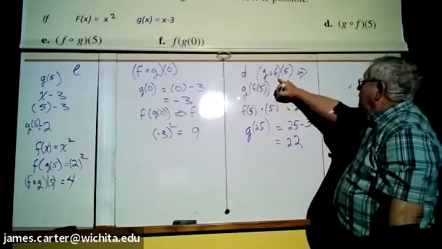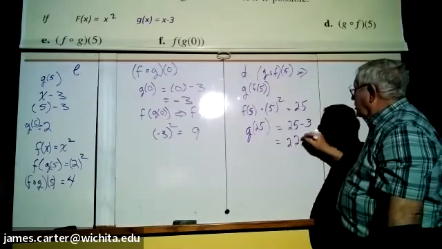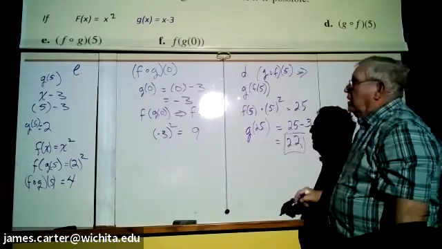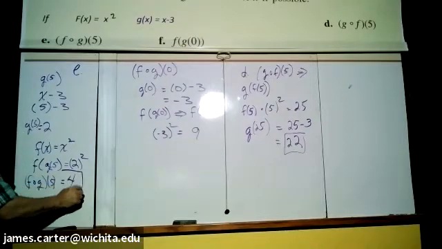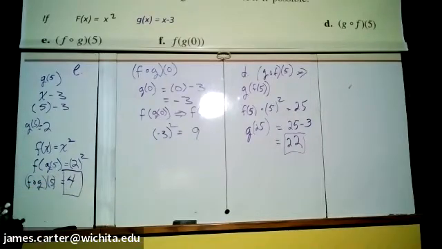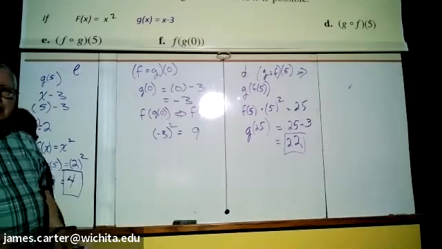So G of F of 5 is 22, compared to F of G of 5, which is 4. And I do this to demonstrate that the order does make a difference.